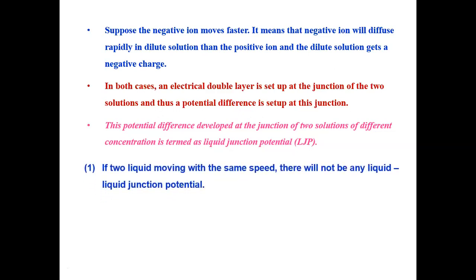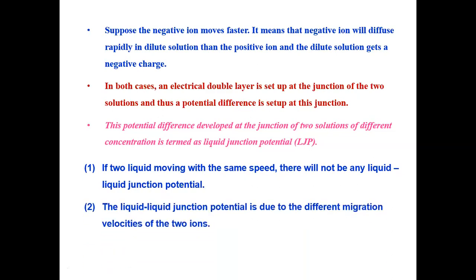So how does it originate? Basically, if the ions in two liquids have the same speed, then there will be no liquid junction potential, because neither side will bear a charge. If there is a difference in velocity, an electrical double layer will be set up.